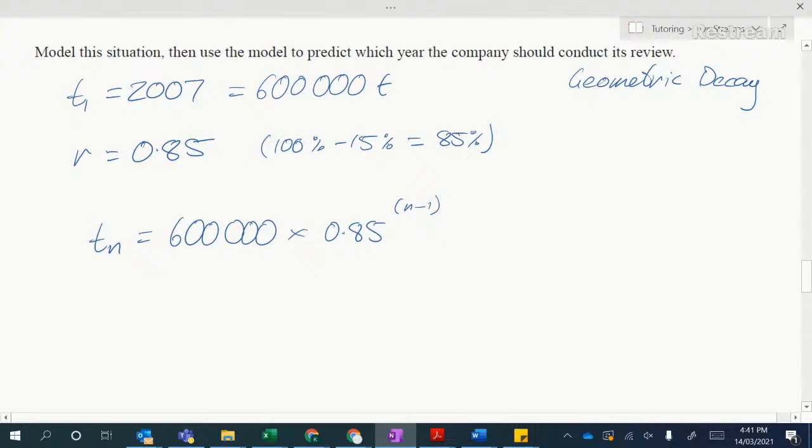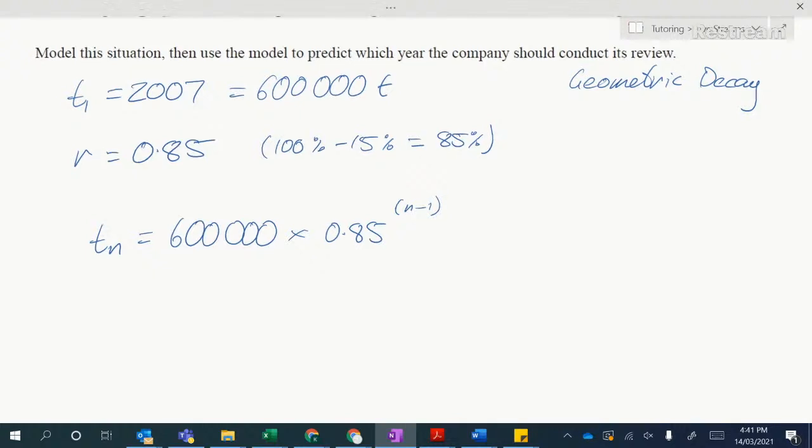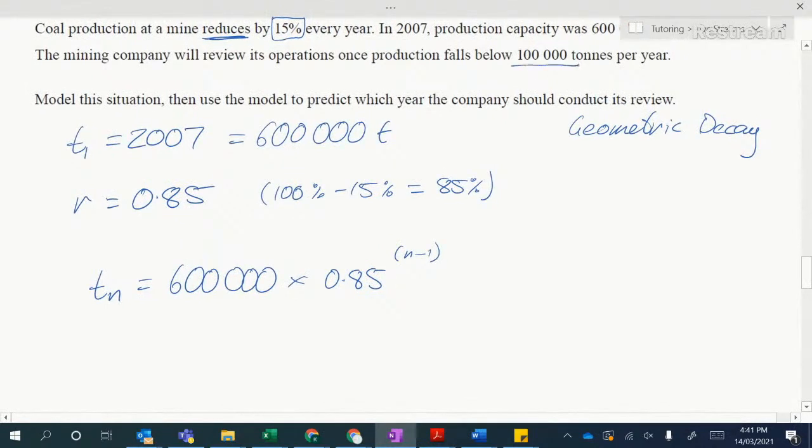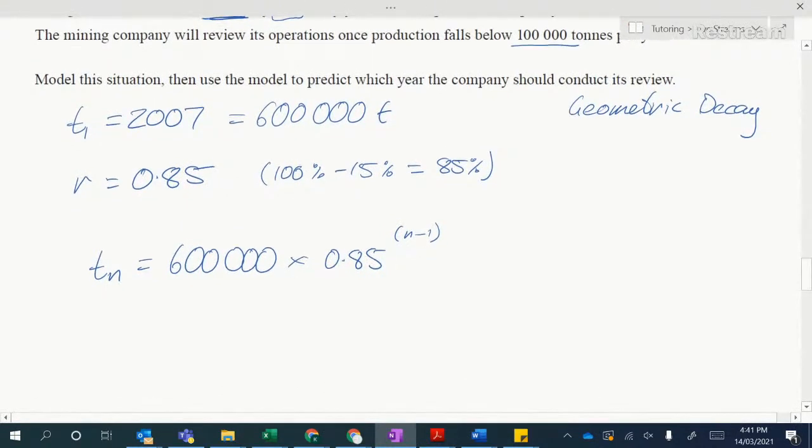But you can't solve that equation algebraically, okay? Because you know you need it to be less than 100,000.